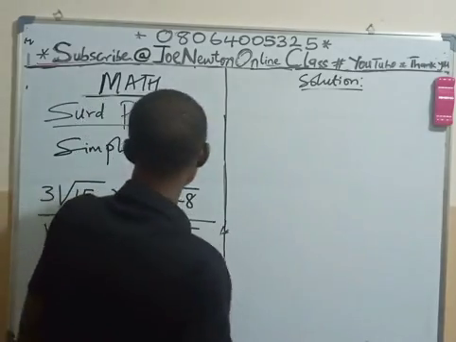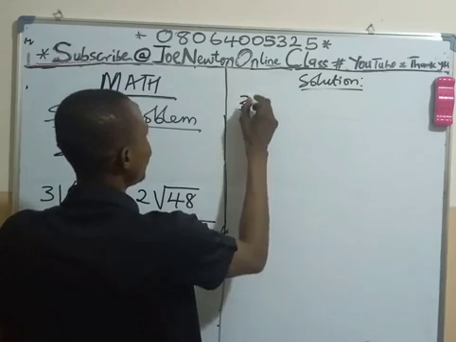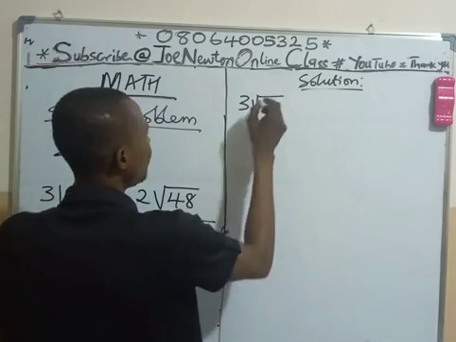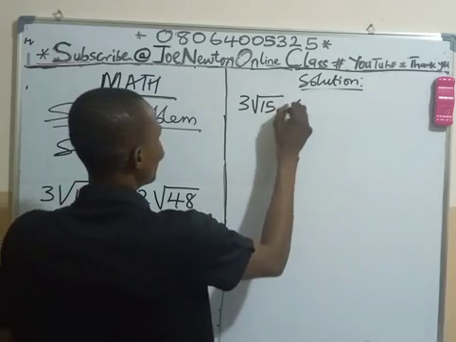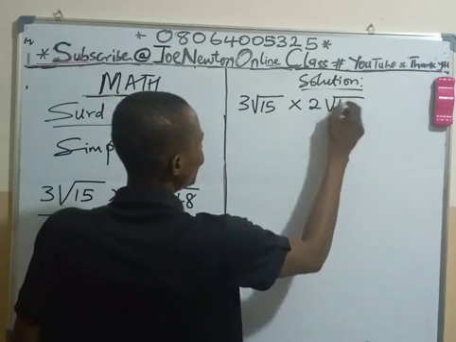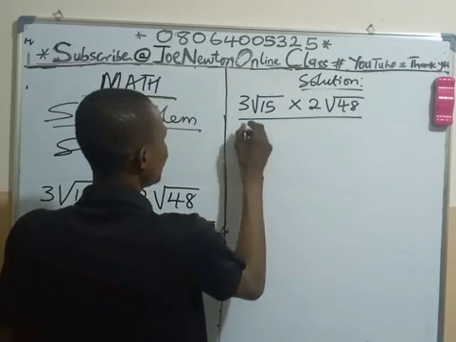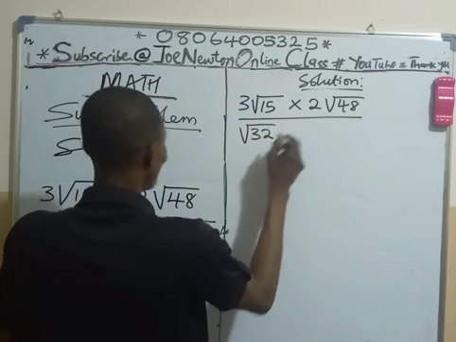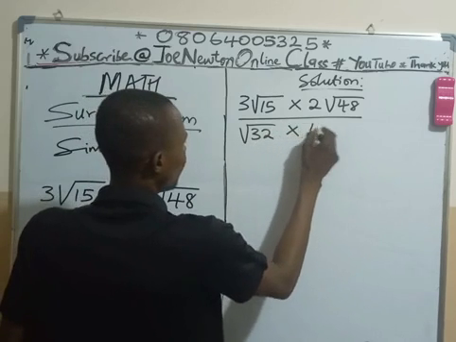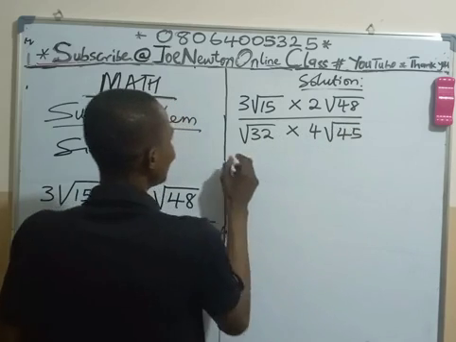In the solution, we are given 3 root 15 times 2 root 48 all over root 32 times 4 root 45. Right.